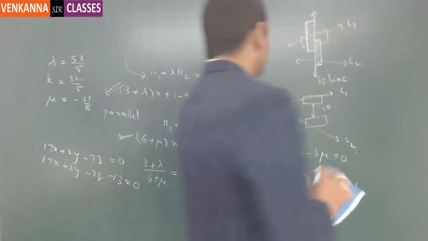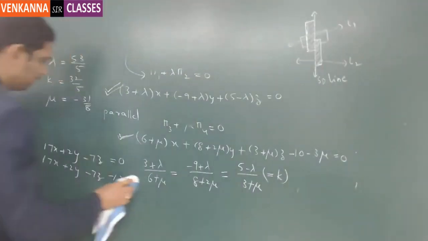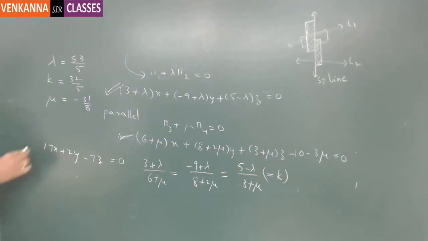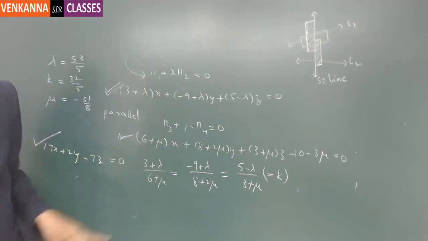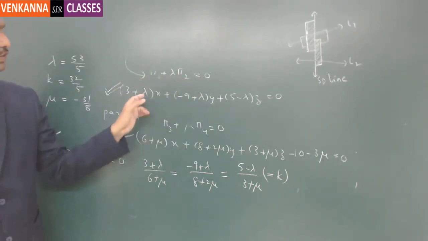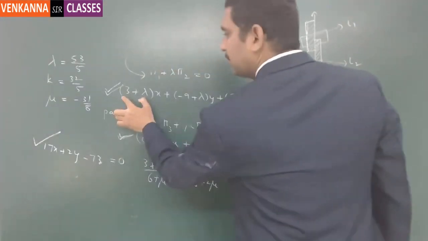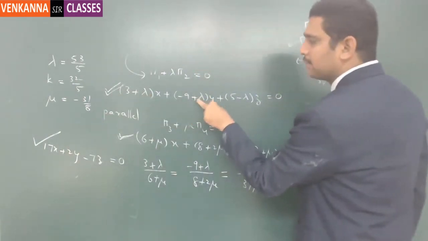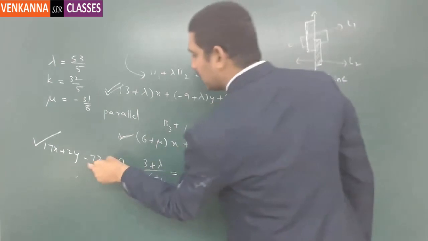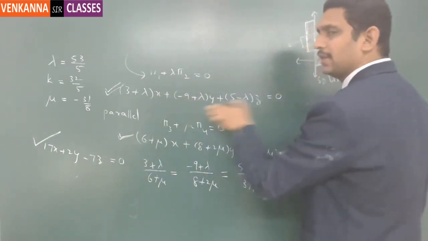So among the two planes, I am considering this plane. Again, these steps are common: pi 1 plus lambda pi 2 equal to 0, taking the values common. So this plane and this plane both are perpendicular. It is passing through L1 and perpendicular to this. Same equation, same substitution, same values will come here.